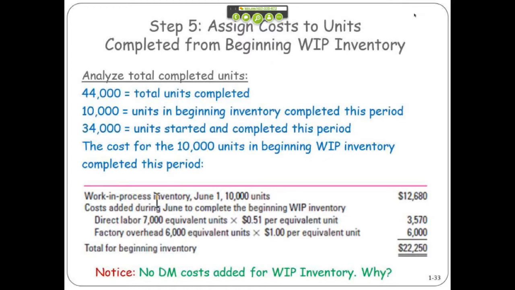So it cost us $3,570 to complete the direct labor from last period's work. Similarly, factory overhead was 40% completed, leaving 60% at $1 per unit, $6,000.